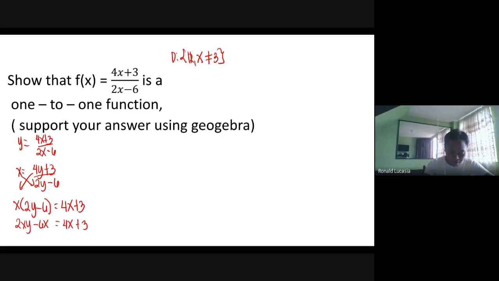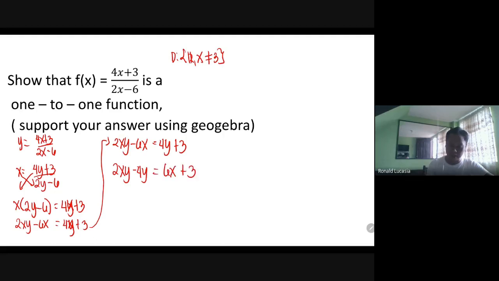Alam ko na. 4y pala ito, hindi siya 4x. Sorry. So we have now 2xy minus 6x is equal to 4y plus 3. And then 2xy minus 4y here is equal to 6x plus 3.